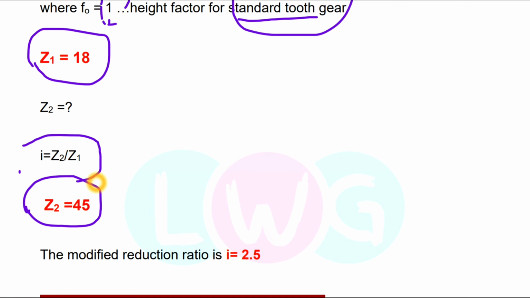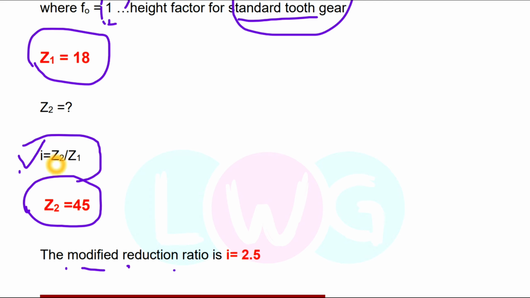Then after we get Z1 and Z2, we will find the modified reduction ratio. To find this modified reduction ratio we will use the same formula, and in place of i we will put no value.